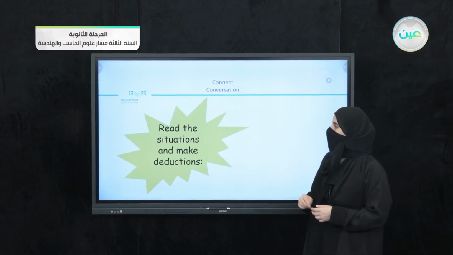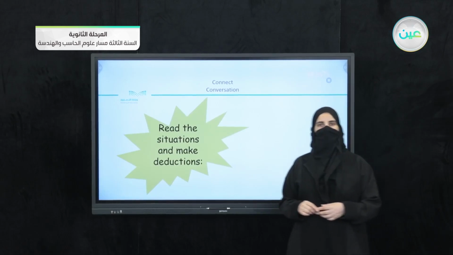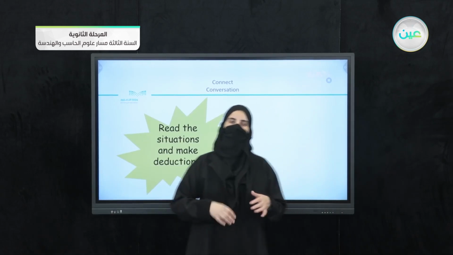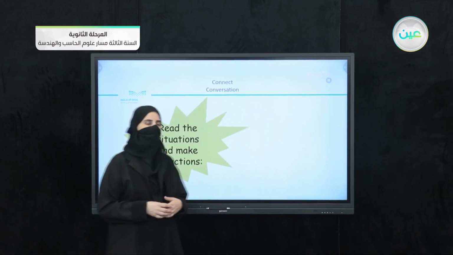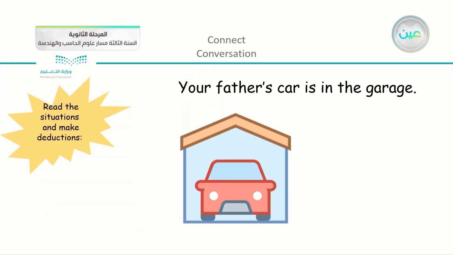Now read the situations and make deductions. We have here a short incident. Now we're going to move on to different examples. Here you can see, your father's car is in the garage. What can you say or deduce?